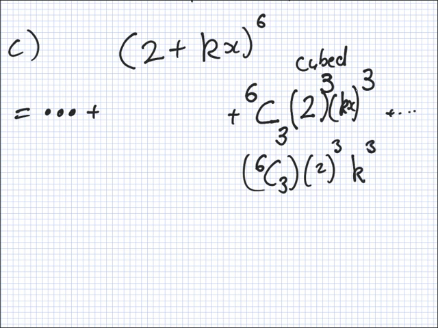Before we continue, let's clean this up a little. What is 6c3? Let's put that in the calculator. Is it 20? Yeah. Now, what's 2 cubed? 8. And 20 by 8? Don't type it. You know 20 by 8.